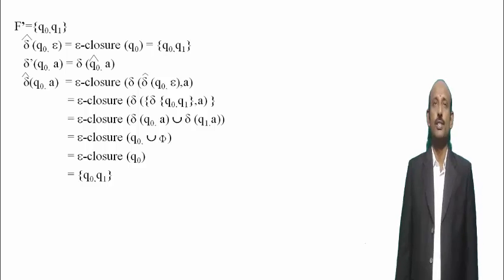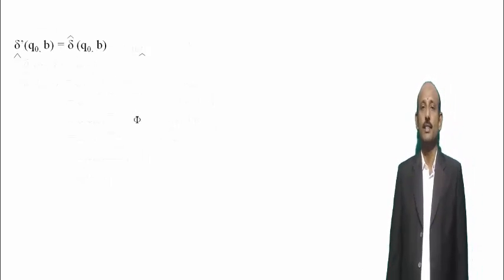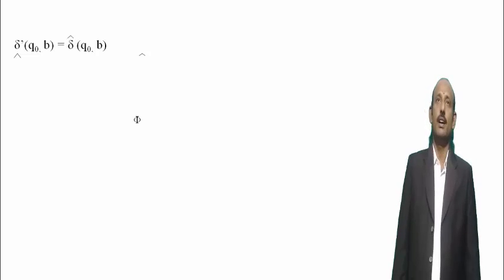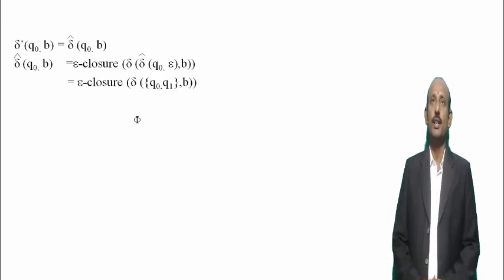So we have to find the epsilon closure for the input B for the state Q0. The same concept we can apply: epsilon closure of delta dash of Q0, epsilon.